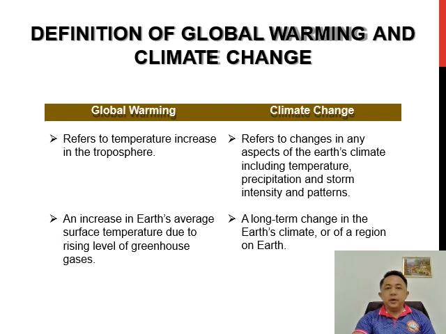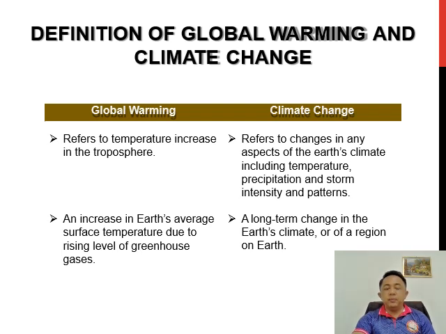Now, let us define some terminologies associated with global warming and climate change, and let us differentiate the two. When we talk about global warming, it refers to the temperature increase in the troposphere.